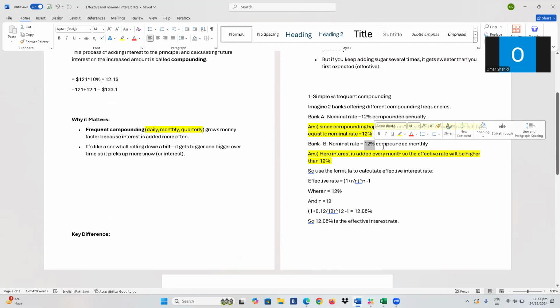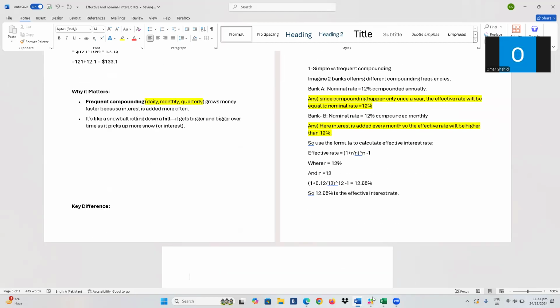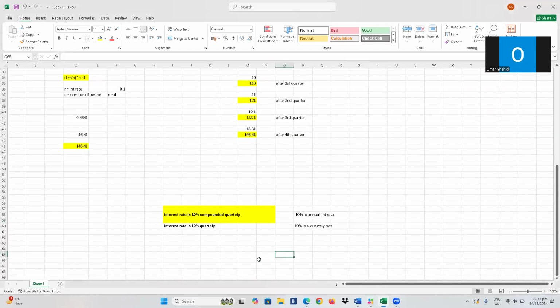So that's why I need to divide it by 12. But let me show you one more thing. What if they tell you that this 12% is a monthly interest rate?